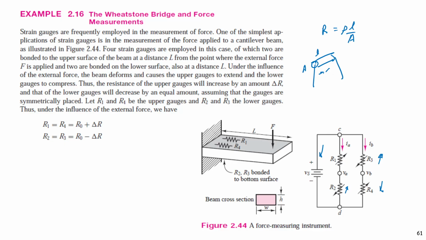So we can measure the force. We can transform the signal into the force placed on this type of material, right? The resistance changes when force is applied to this type of equipment.